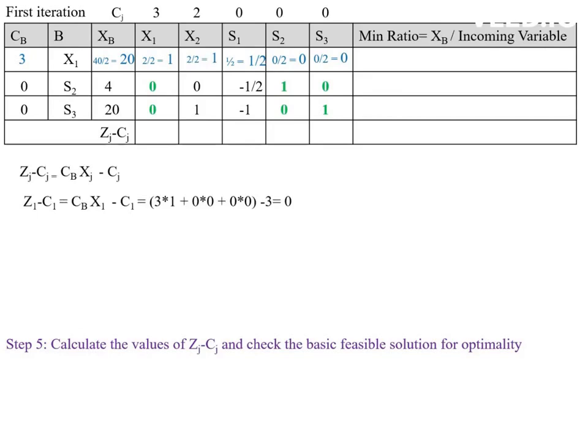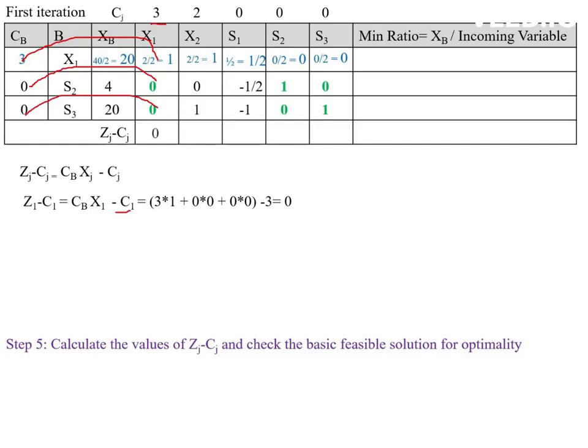First I calculate Z1 minus C1, which equals CB X1 minus C1. CB X1 is 3 into 1 plus 0 into 0 plus 0 into 0, minus C1, which is minus 3. So this value becomes 0.